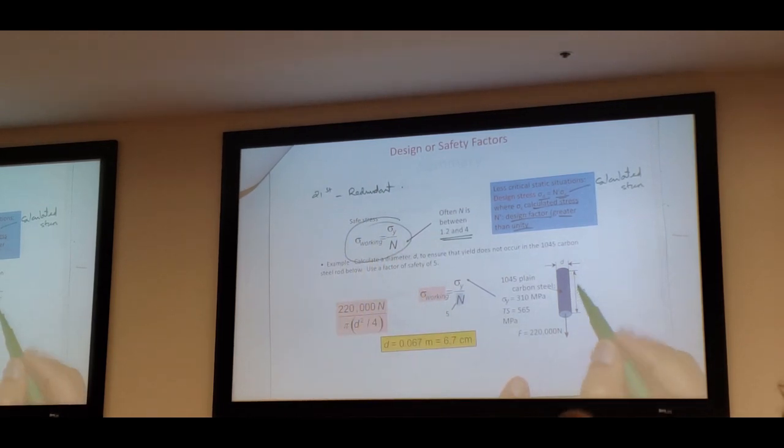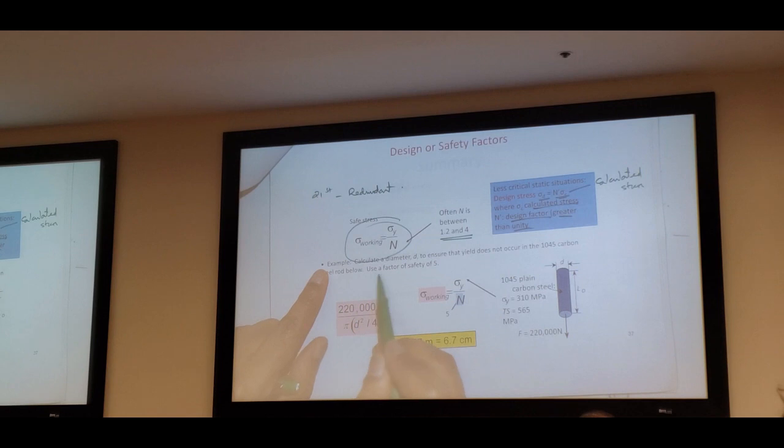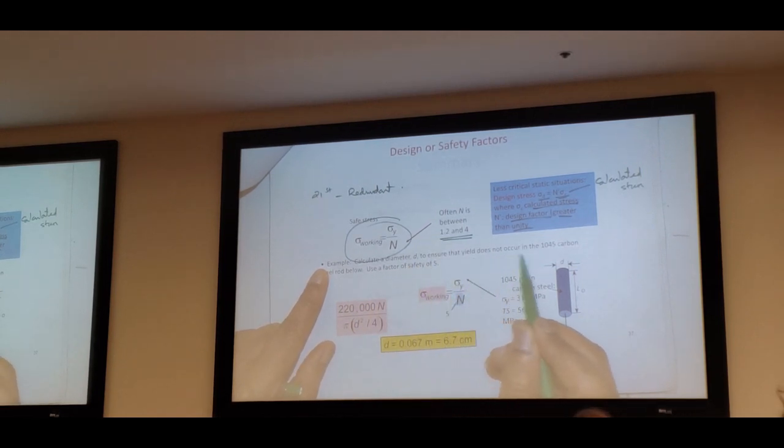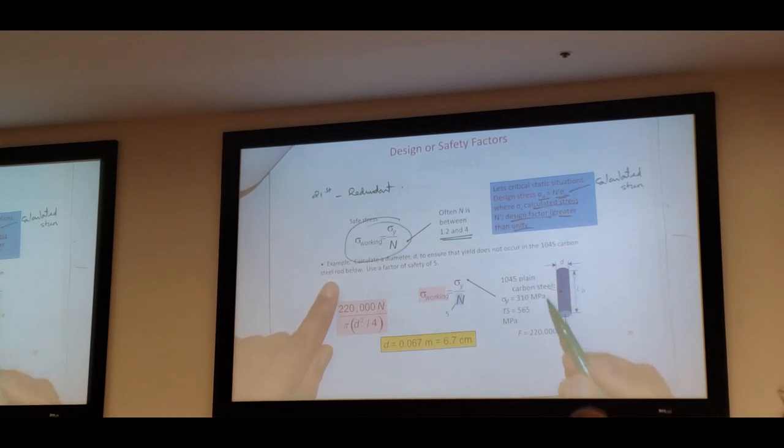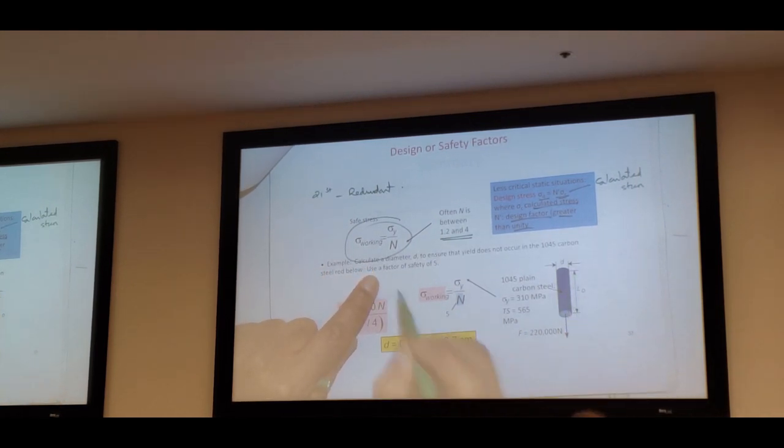For example, if you have a rod like this one. Calculate the diameter d to ensure that yield does not occur in the 1045 carbon steel rod below. Use a factor of safety of 5. The question is to calculate the diameter d. Here is your 1045 steel rod, and you are asked to determine this diameter.